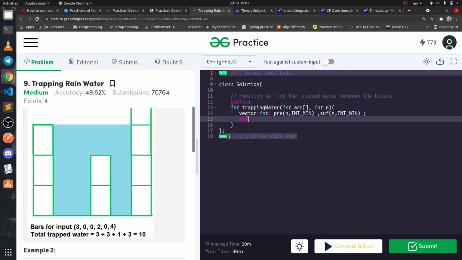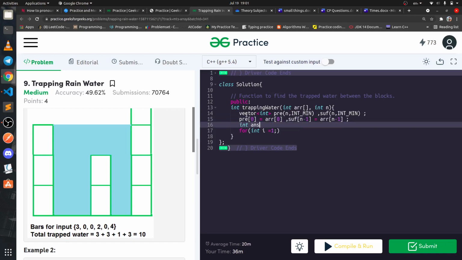Pref will start from i equal to 1. Pref 0 will be equal to array 0, and suff n minus 1 will be equal to array n minus 1. Now I also need an answer, so 0.